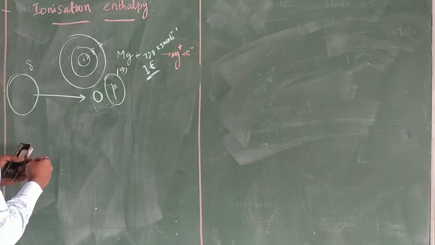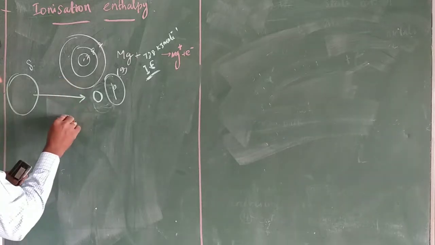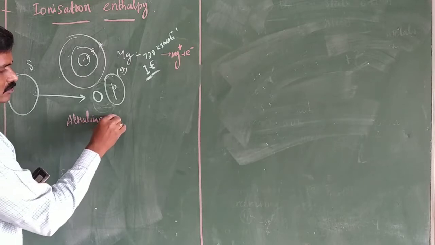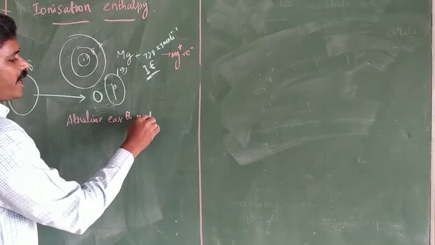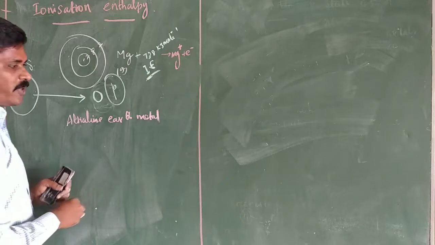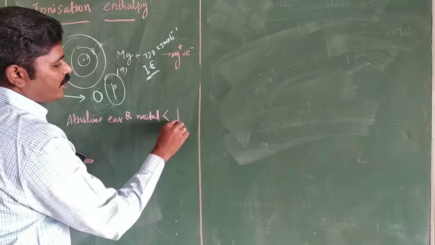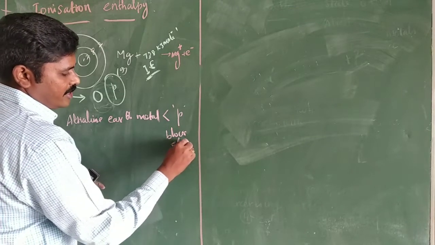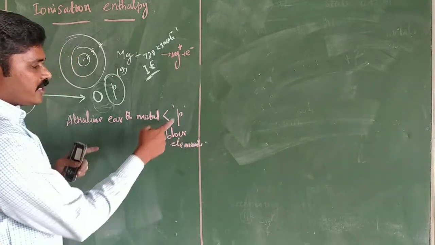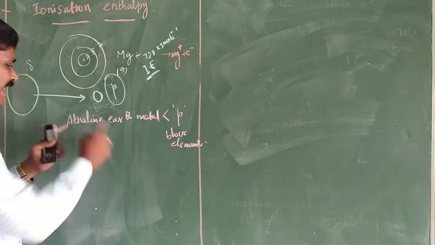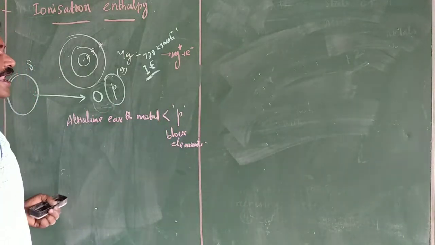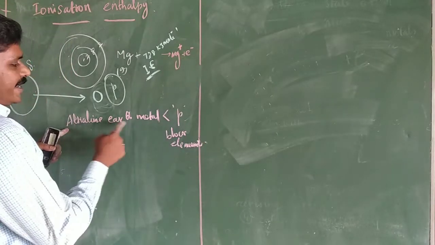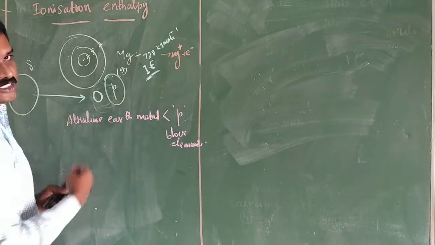The ionization energy of alkaline earth metals is less than p block elements, because p block elements have a smaller size than alkaline earth metals. So ionization energy is higher in p block elements, and in alkaline earth metals it is least.